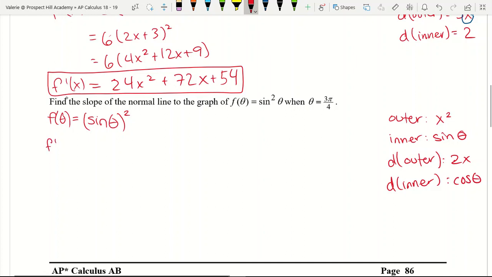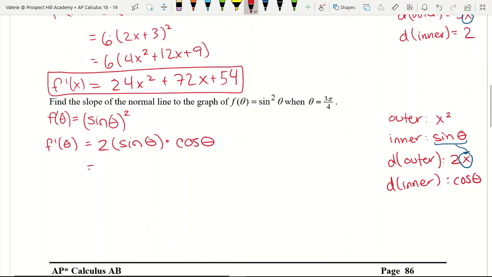So f prime of theta will be equal to our pregnant mama. So here's our mama, the outside function. And since it's pregnant with our baby, we want to substitute the inner function in for x. So instead of x, we'll have sine theta. So 2 times sine theta times the derivative of our inner function, which is cosine.